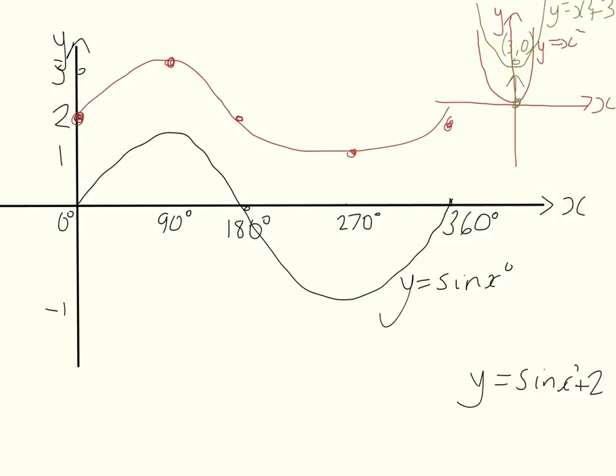And so here is my graph for y equals sine x plus 2. The same applies for cos x. If we were to do cos x take away 3, we would just have to shift the cos graph down 3 places.